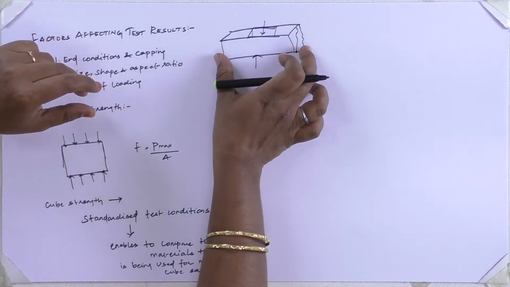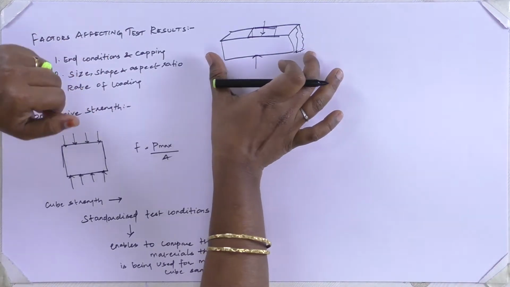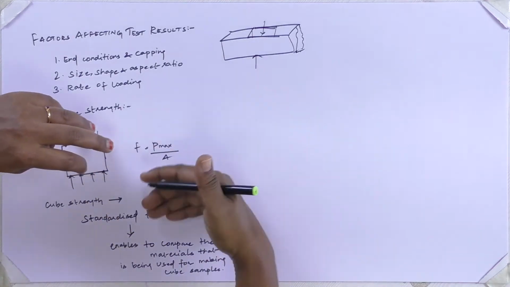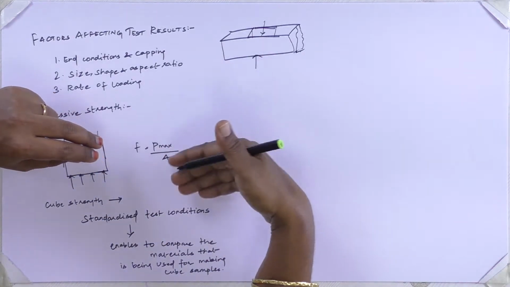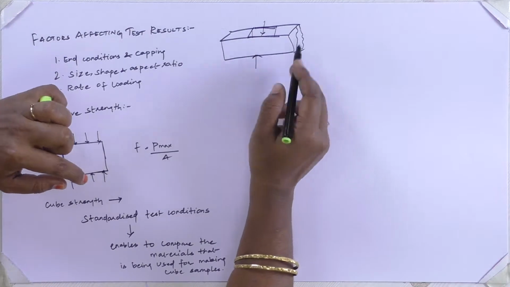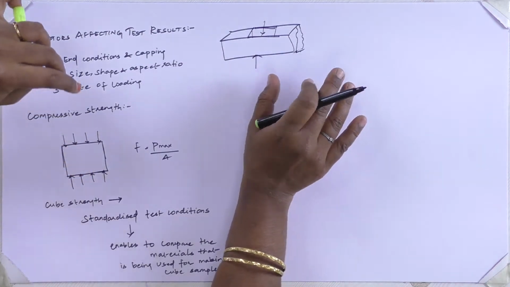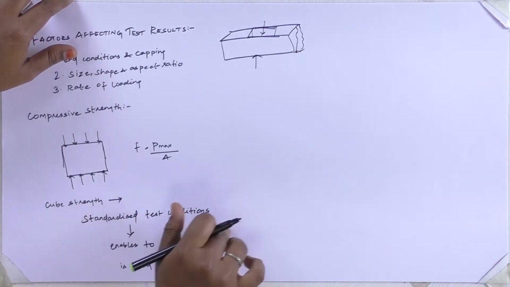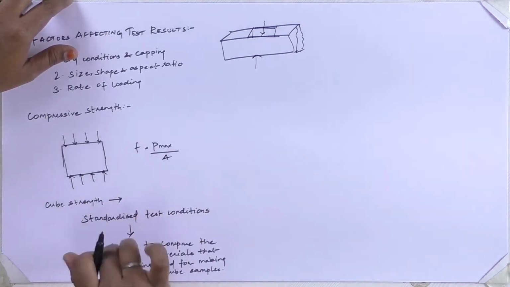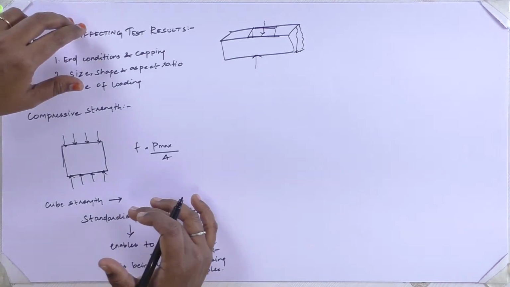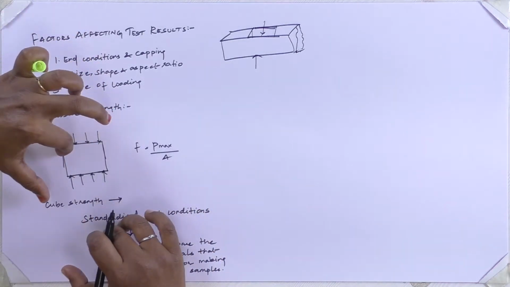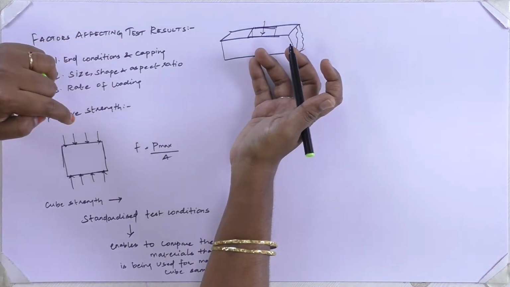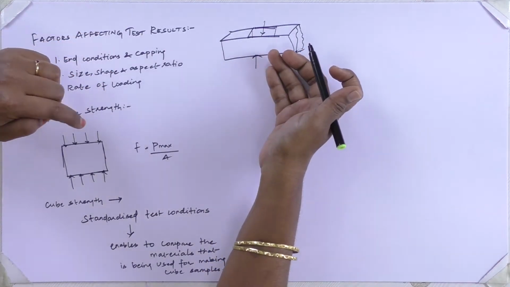So this test result of a portion of a beam and the test result of this cube will not be the same, they will be influenced by many other factors. For this reason only we should have a standardized test condition, and also the strength in the cube will not be the same as that of the strength in a beam.